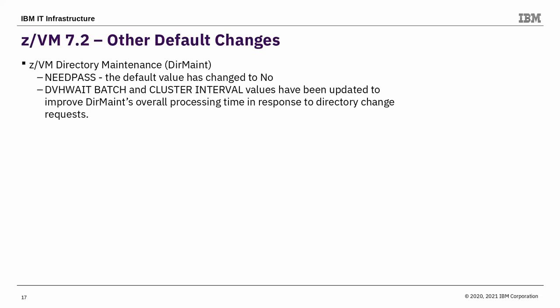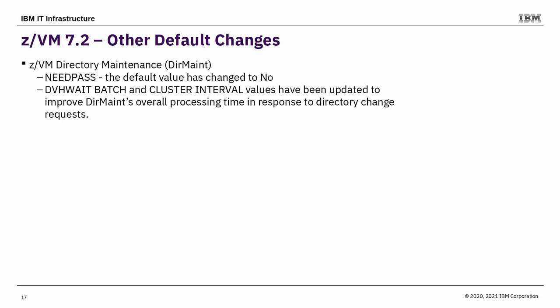And within DirMaint, the way it does its timer for checking things was fine for the old days, where it didn't matter if you waited a second or two in between things just to make things tidy.